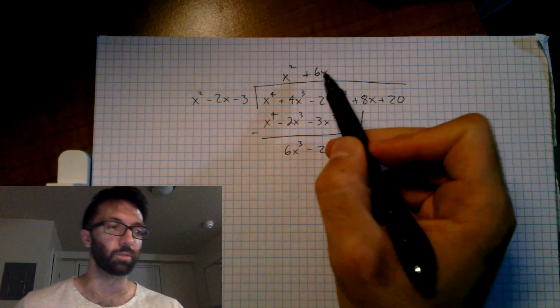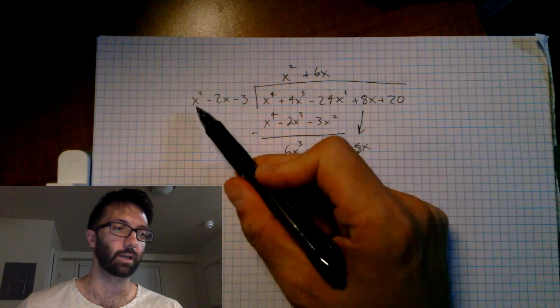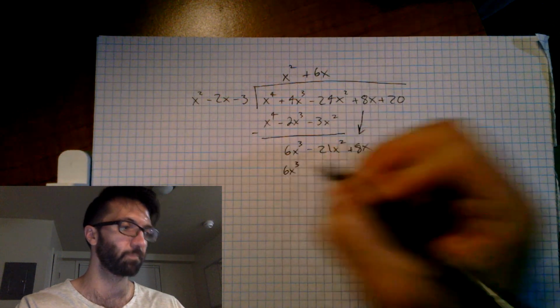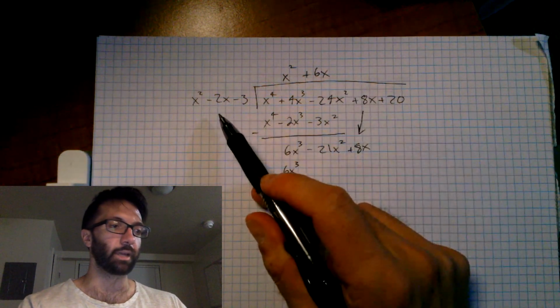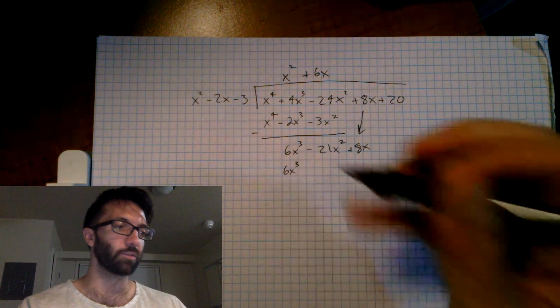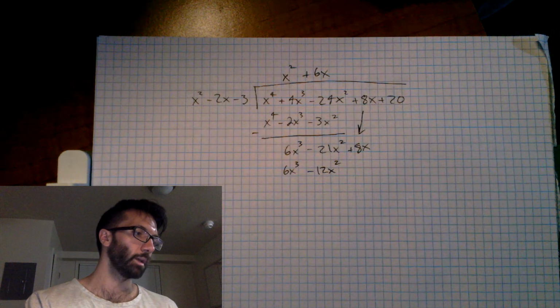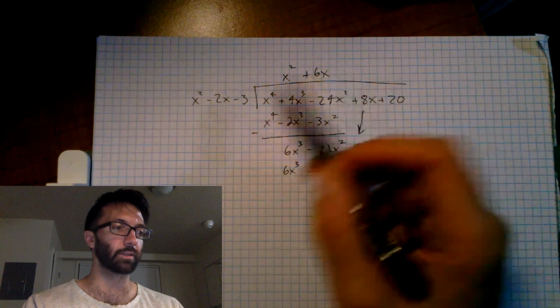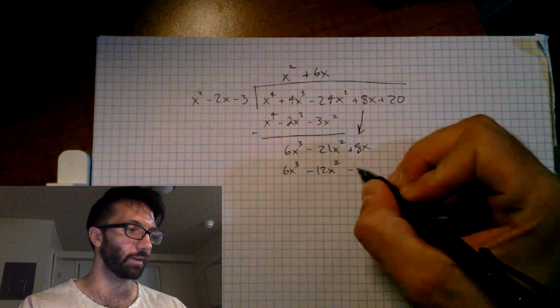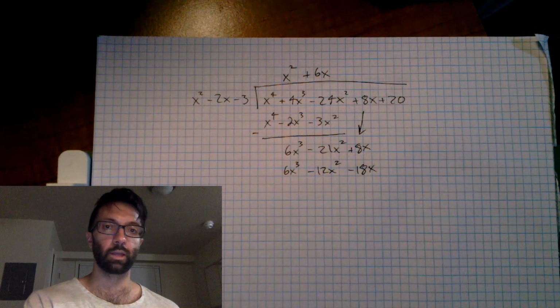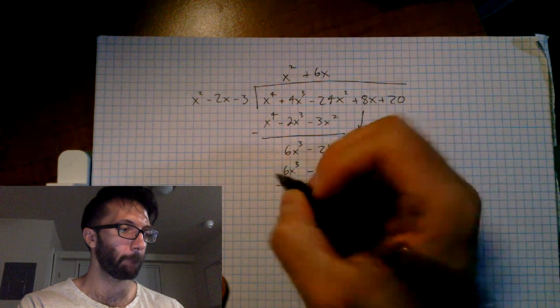All right, and then we multiply this through, so 6x times the x squared will give us 6x to the third. 6x times a negative 2x would be a negative 12x squared. And then finally, 6x times negative 3 is going to be negative 18x. And then we go ahead and subtract.